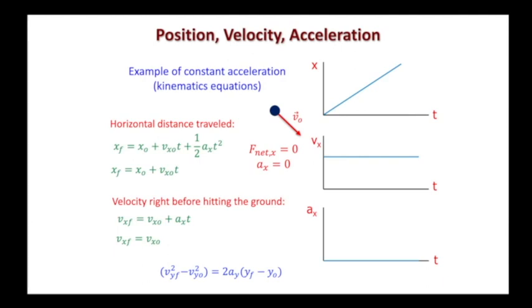That's why our velocity is a straight line. And our x equation simplifies from a parabola to a straight line because the 1/2 a t squared term is 0, since acceleration is 0, since there's no force in the horizontal direction. So we just get x naught plus initial speed times time, and that's just a line pointing upward.